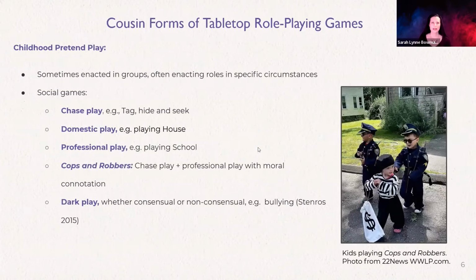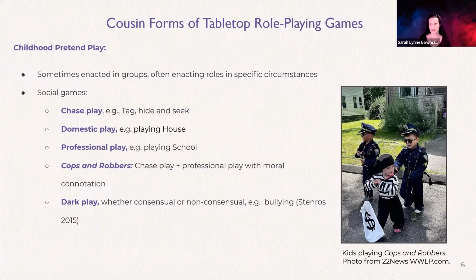Childhood pretend play is sometimes enacted in groups, and in these groups, people are often enacting roles in specific sets of circumstances. So social games, in other words. Some games can include things like chase play, tag, hide and go seek, domestic play like playing house, professional play like playing school, cops and robbers, which is sort of a mixture of chase play and professional play, but it has a moral connotation.